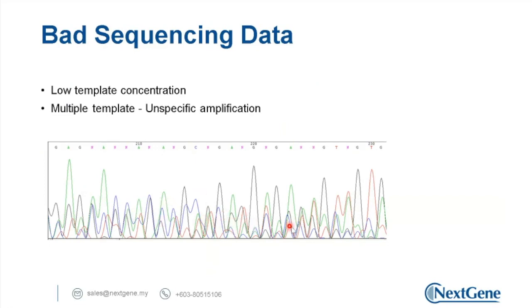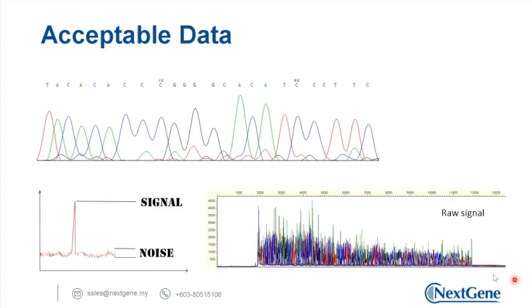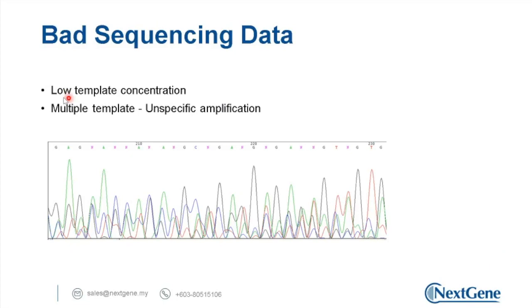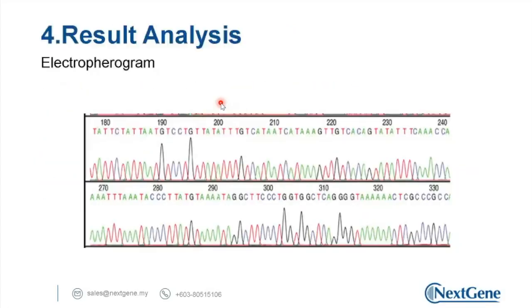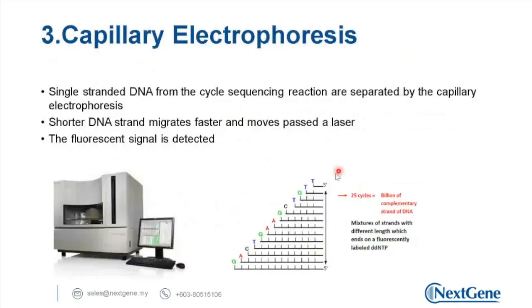Okay. One of the reasons why we have very low signal over here, nearly as high as the noise, is because of low template concentration. Meaning that when we perform cycle sequencing, we added some template. If the template concentration is too low, we are unable to generate a lot of fragments because the template is very low.